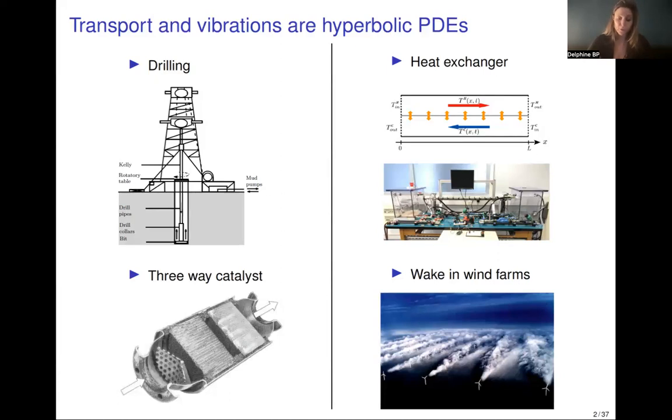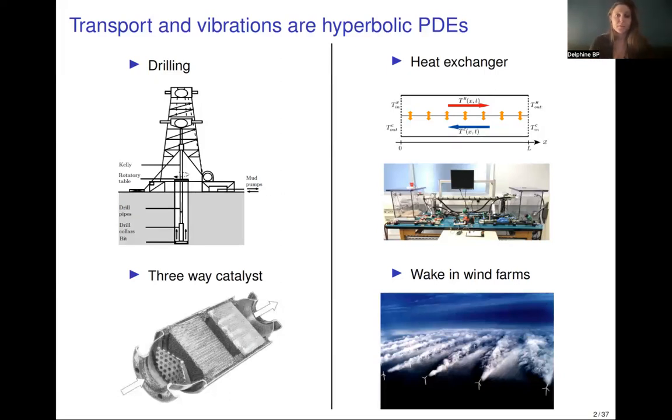Interestingly, in this problem, you don't have any information along the channels. You only have actuations and measurements at the boundaries. So this is one example of a system which is modeled by linear first-order hyperbolic PDEs, which are actuated and measured only at the boundaries.